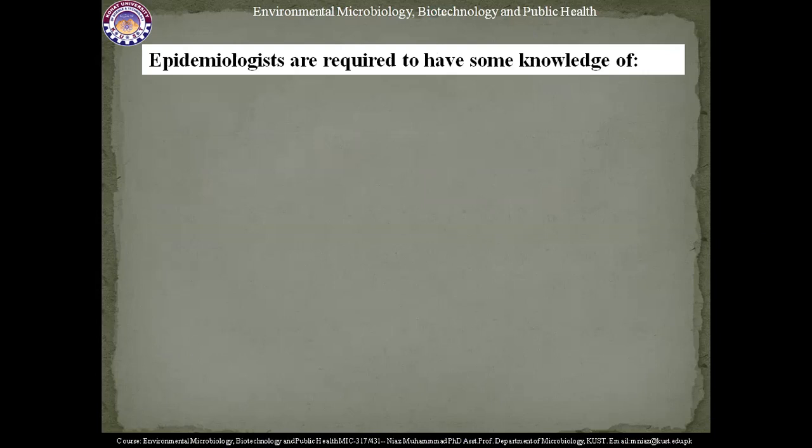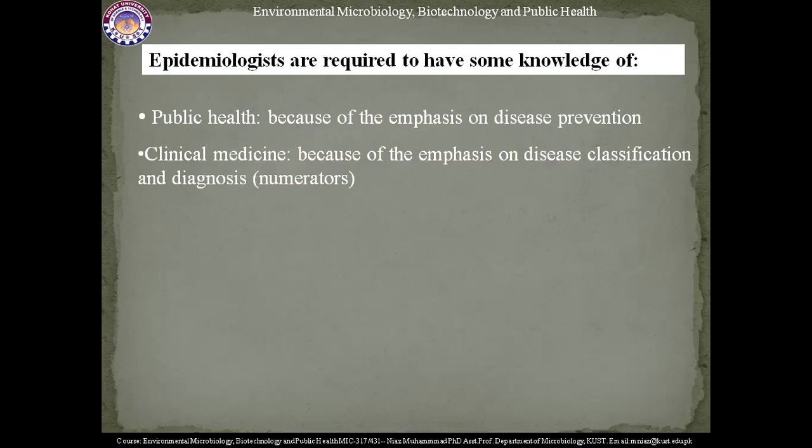Epidemiologists are required to have complete or some knowledge of public health because of the emphasis on disease prevention. He must be aware of public health and have complete information about it. Clinical medicine, because of the emphasis on disease classification and diagnosis. He must have a command of the medicines which can be used for the treatment of that particular disease.